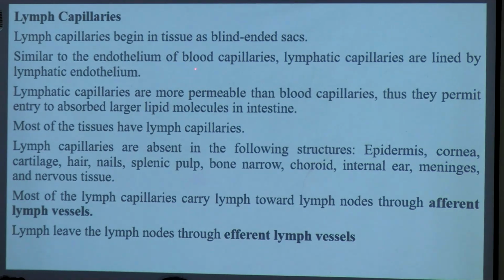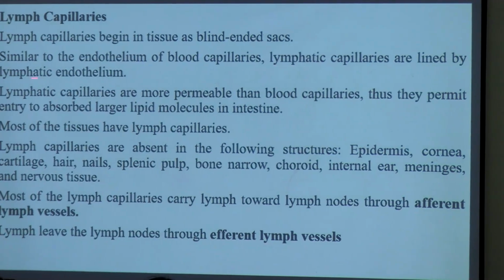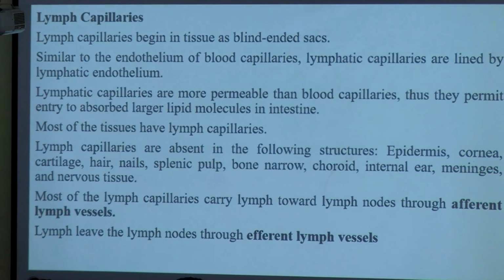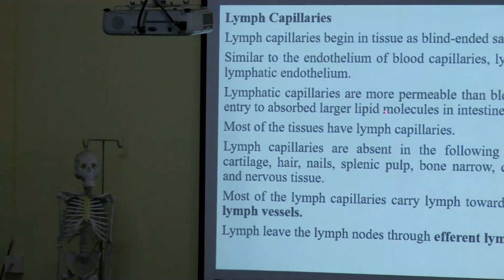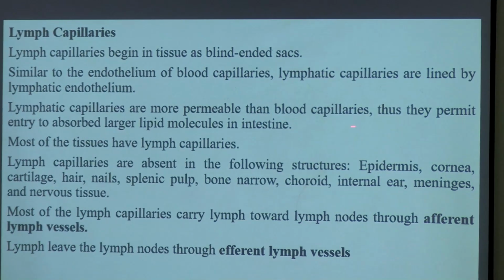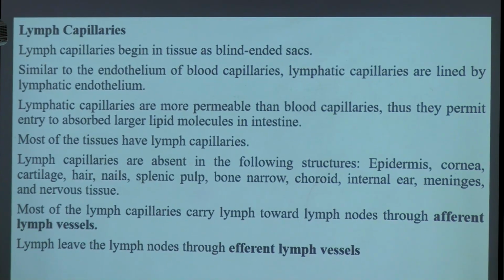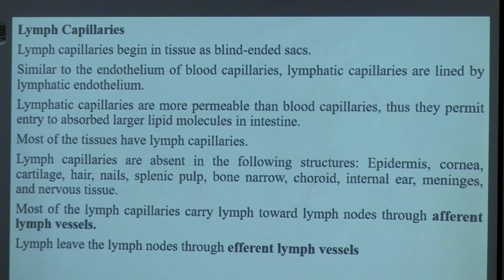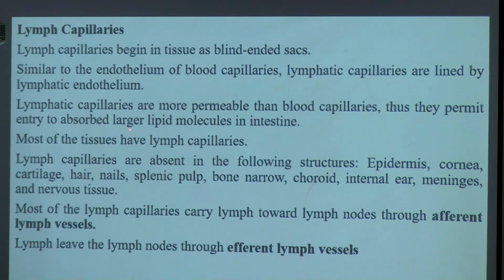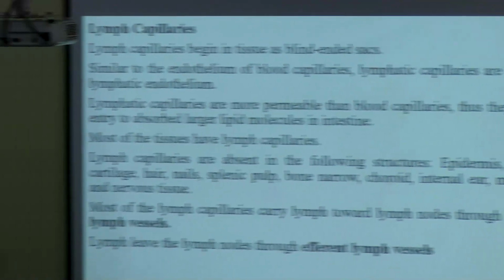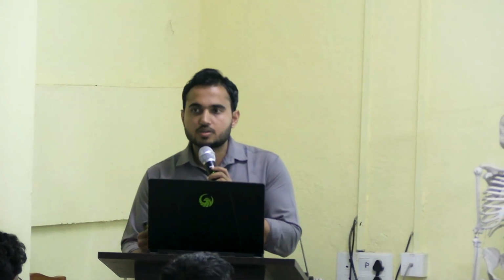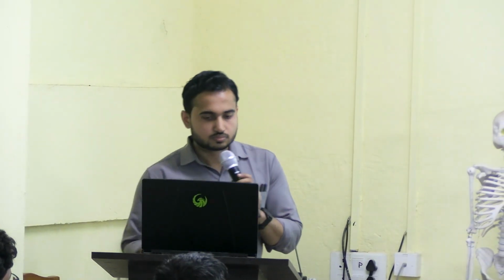Similar to blood capillaries, lymphatic capillaries are lined by lymphatic endothelium. But lymphatic capillaries are more permeable as compared to blood capillaries. Because of that, they permit entry of larger absorbed lipid molecules from the intestine. Permeability is higher, that's why larger molecules can enter the lymphatic system.